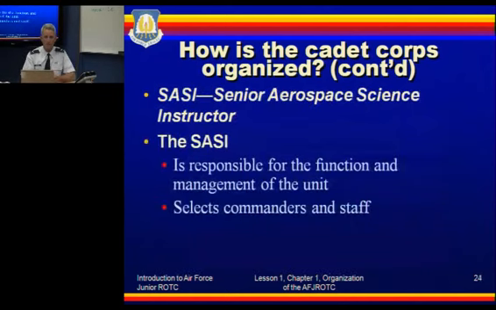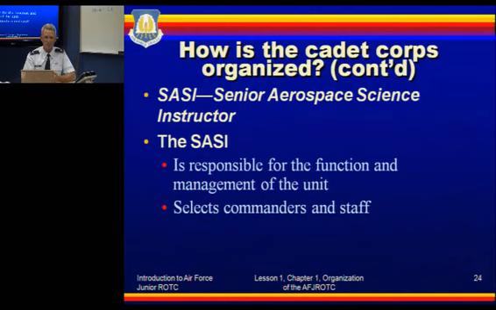I think at the beginning of our junior ROTC, I specifically asked my cadets, who is the SASE? And the SASE should be me, the senior aerospace science instructor, designated by the principal, but generally it's the highest ranking individual of the people working in the junior ROTC.